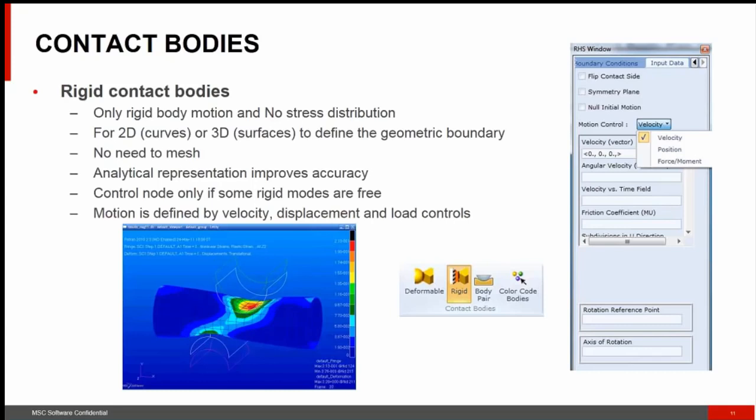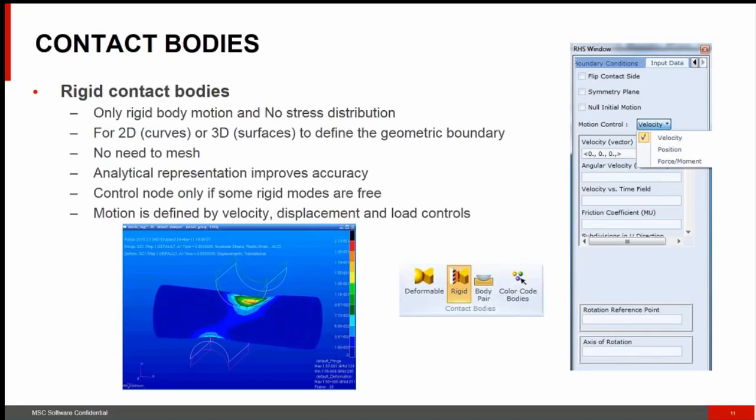So here you can see we have a rigid surface that is moving and pushing on our deformable body. Rigid bodies can be 2D curves or 3D surfaces.